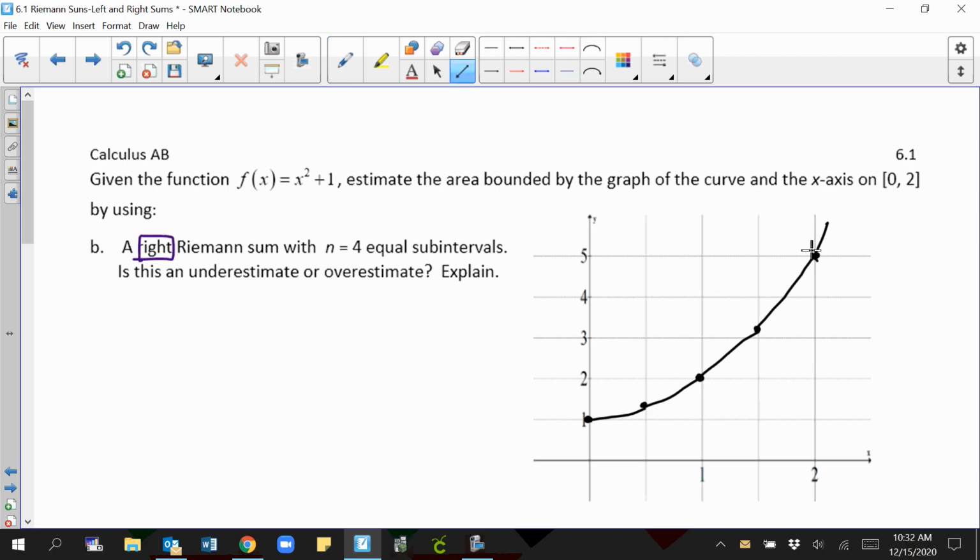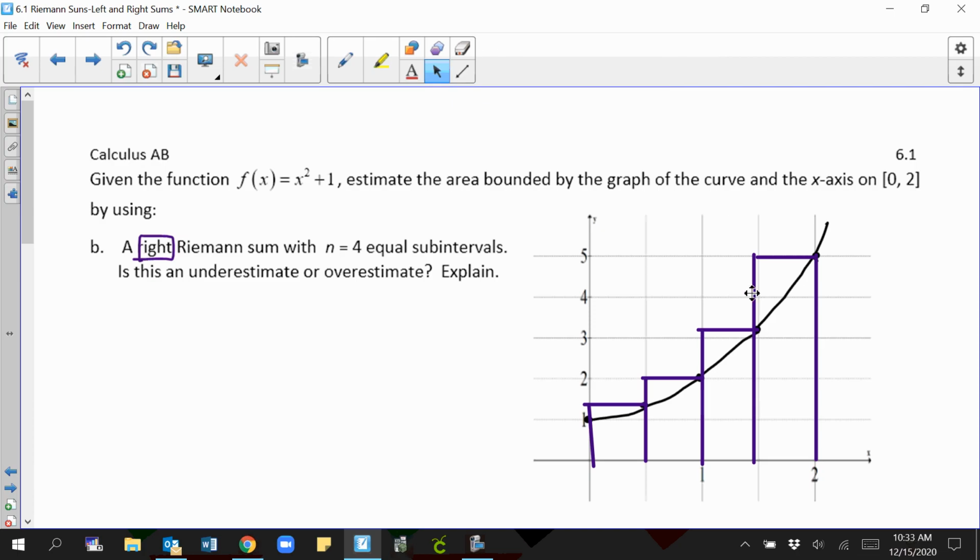So what that means is that I'm going to use my right endpoints. So it's going to come over our curve. So that is what our rectangle is going to look like this time.